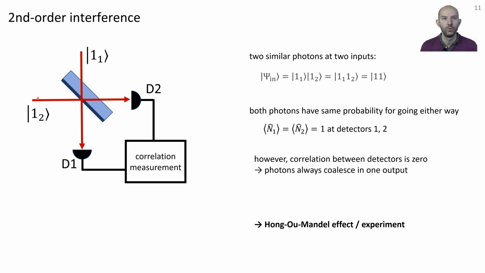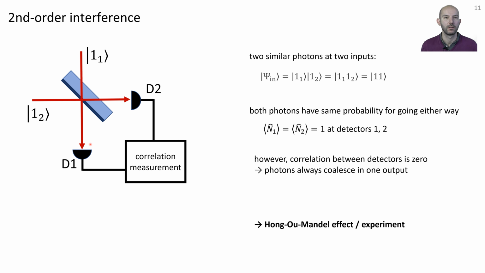We have two input photons coming in the two input modes of our beam splitter, then being mixed by the beam splitter and detected by detector 1 and detector 2. After this detection, we do a correlation measurement. We are basically looking whether the two photons can be simultaneously detected in detector 2 and in detector 1.